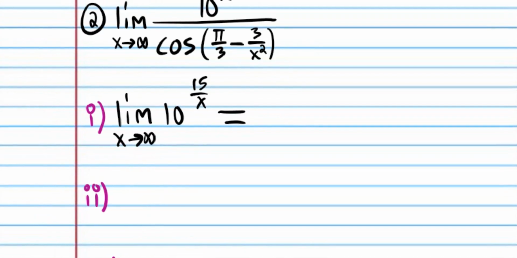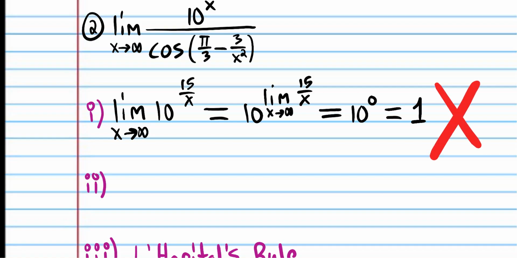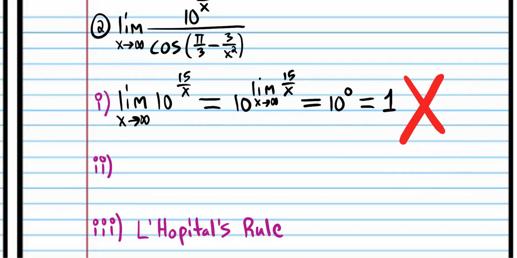And then we have 10 to the limit of 15 over x as x approaches infinity. So this limit, again, is just 0. So we have 10 to the 0 power, which is equal to 1. So what does that mean? Well, it means we can't use L'Hopital's rule because 1 is not 0 and it's not infinity.